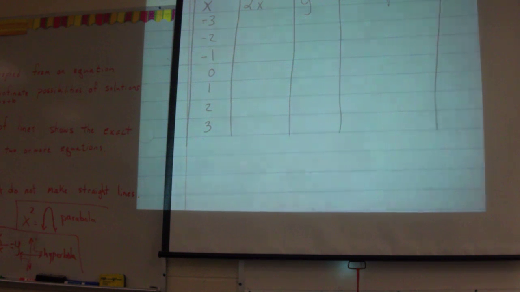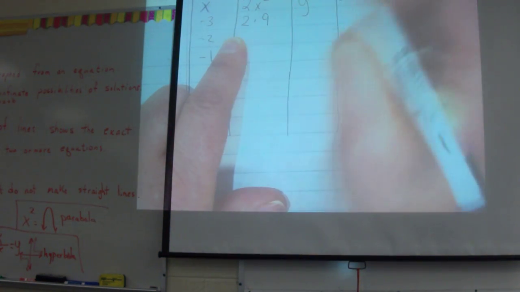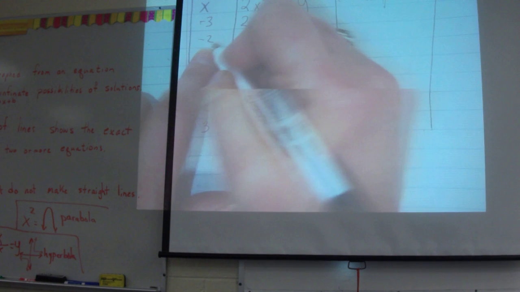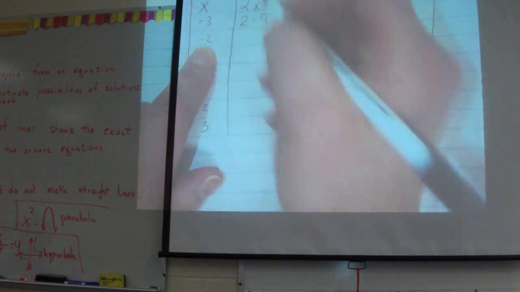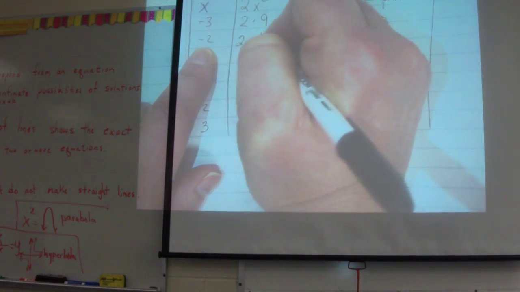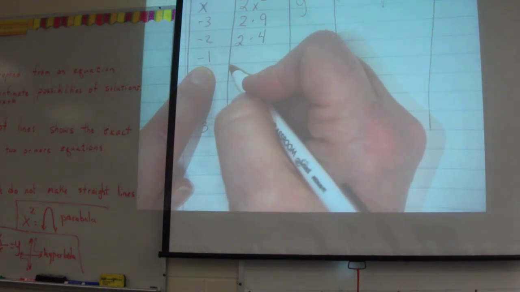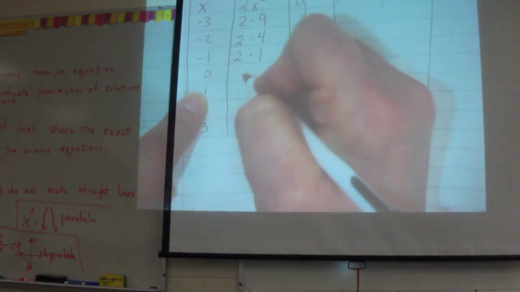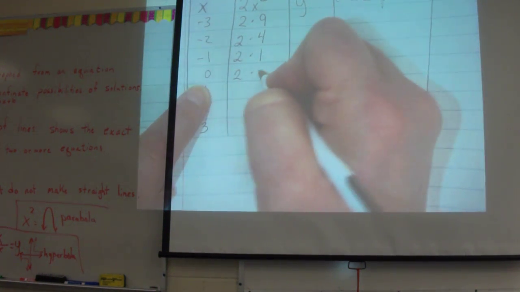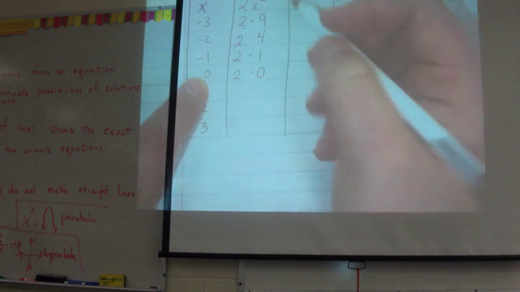Okay, so here we go. So we have 2 times 9. Let's do the same column all the way down. How about -2 times -2? What do you have? +4. So now we're going to have 2 times 4. -1 times -1 is 1, so 2 times 1. 2 times 0, because 0 squared is 0. How about 1 squared?